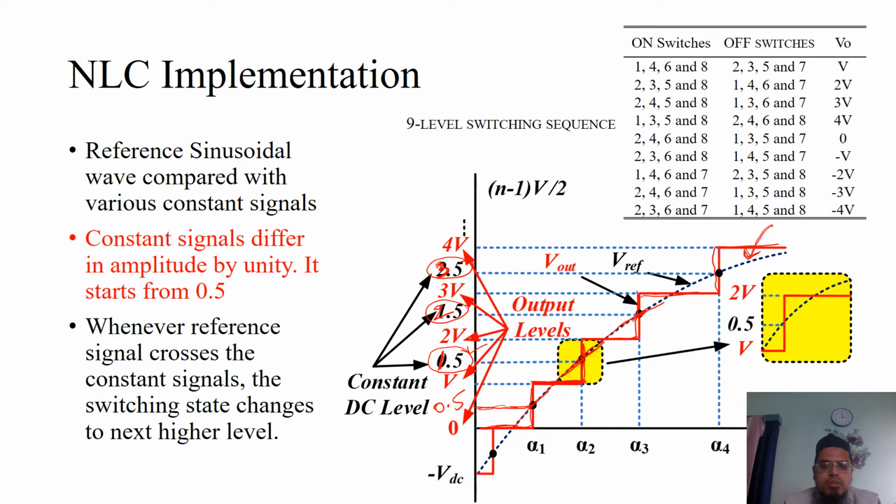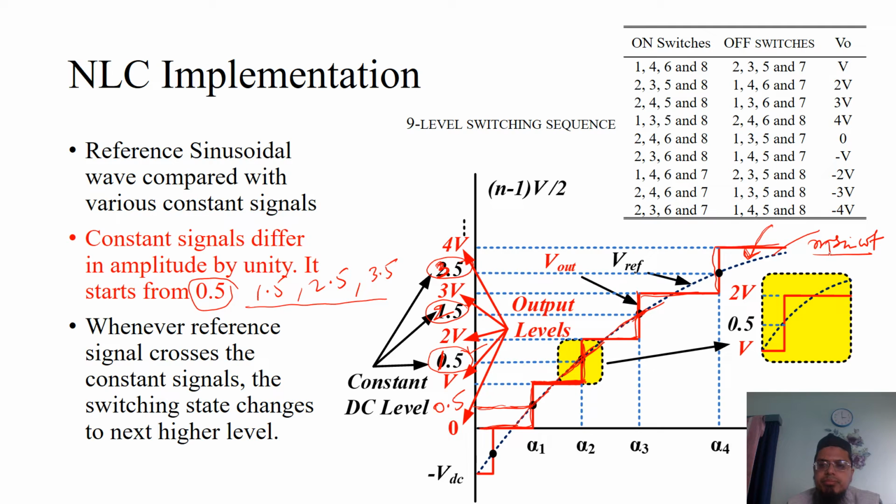So this is the concept of nearest level control. The important terms here are 0.5, 1.5 and 2.5, which are used to compare with the varying sinusoidal wave, and this is the sinusoidal wave m sine omega t.